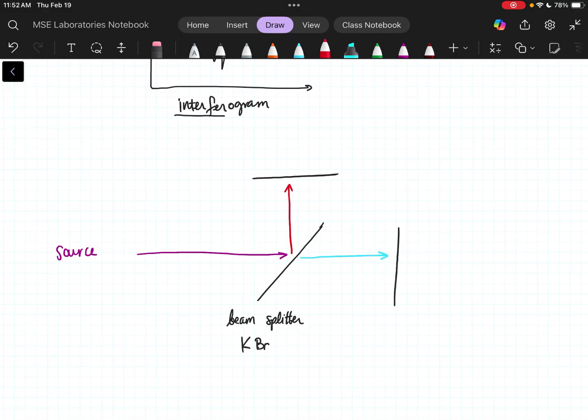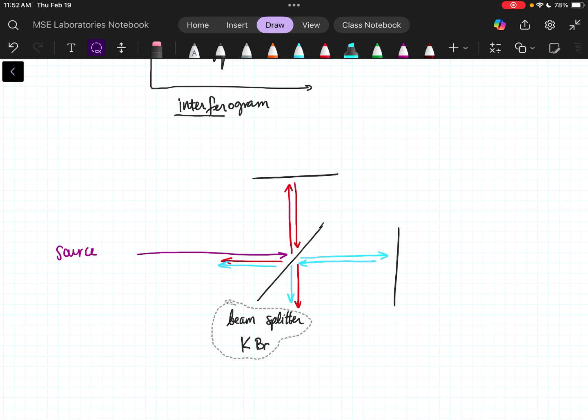I then stick another mirror in each of those two newly created beam paths. And my red light is going to be again reflected down. When it hits that beam splitter, some of it's going to go through, some of it is going to bounce back. And same thing for the blue.